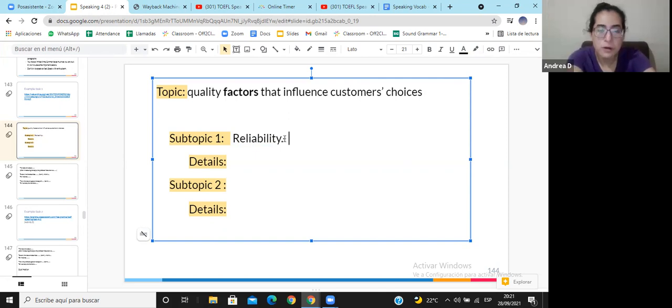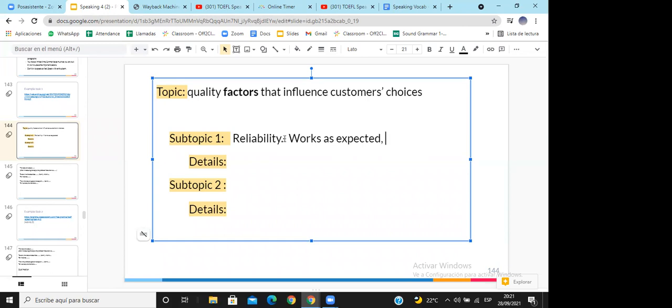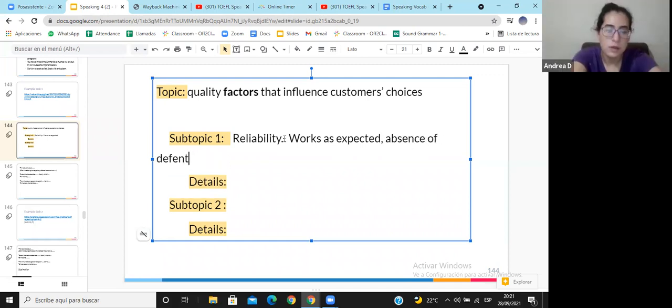Okay, yes, when a product works as we expect it to work. Okay, as expected. Right. What else? Anything else you would like to add here? Basically, absence of defects. Nice, the absence of defects. All right.